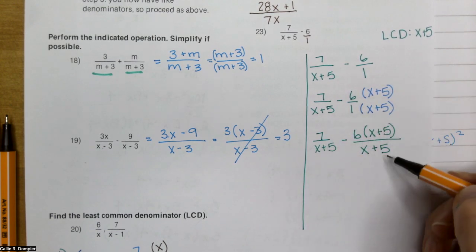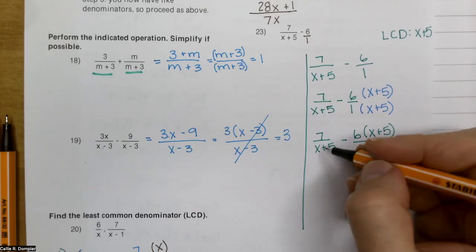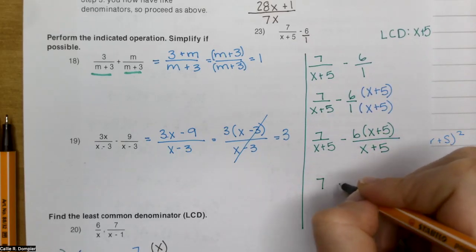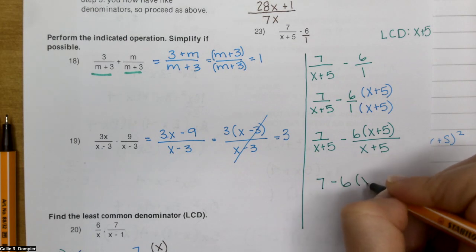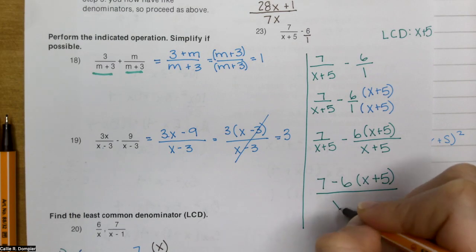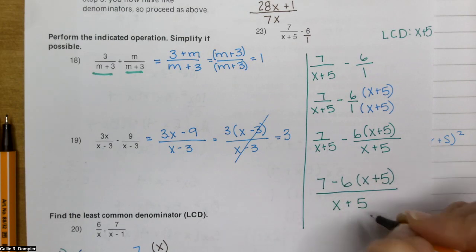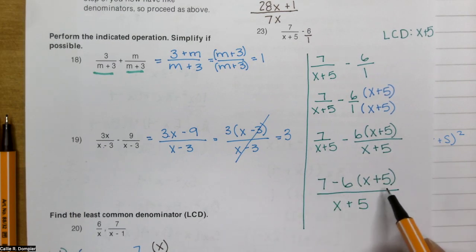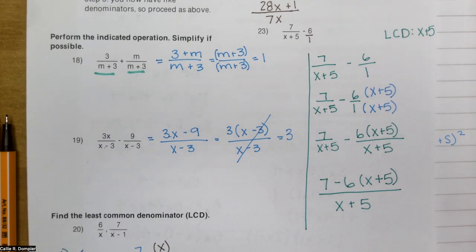Right? 1 times x plus 5 just leaves us with x plus 5. Now I'm going to combine the top and leave the denominator the same. 7 minus 6 times x plus 5, divided by x plus 5.